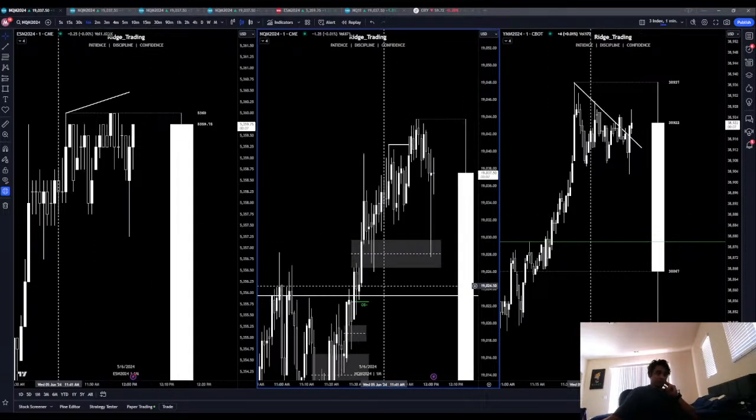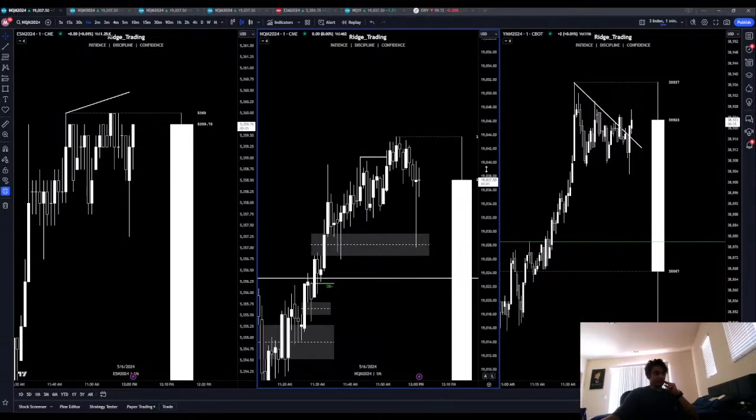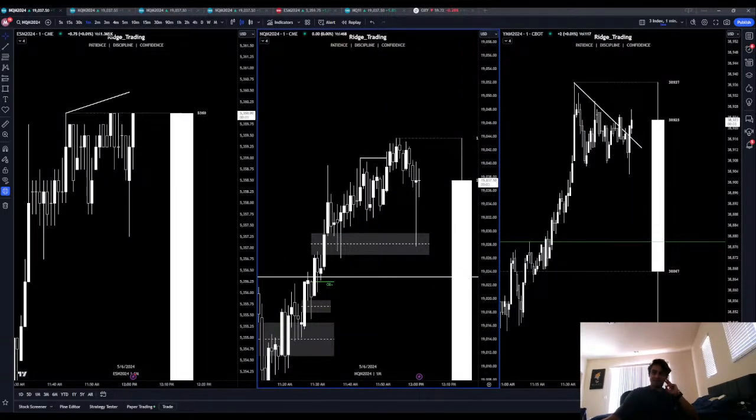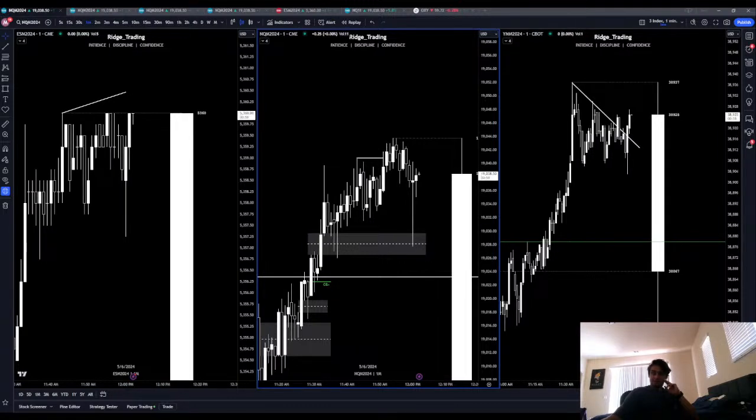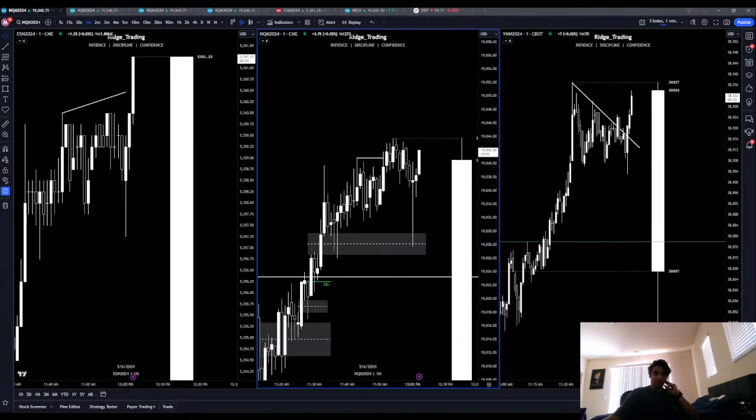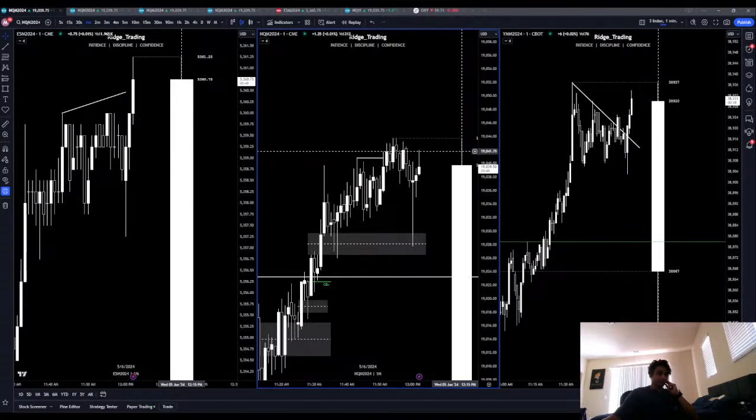Yeah, you can pretty much just buy every single flash. Anytime you see a flash candle down. Not that that's a trading strategy that I would recommend, but you would be surprised how often that works. When you see these flash crashes, just time it and trade along the bottom of them.